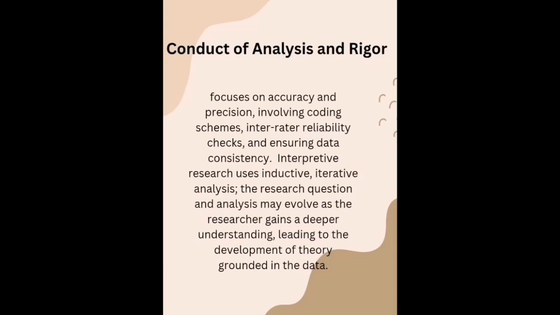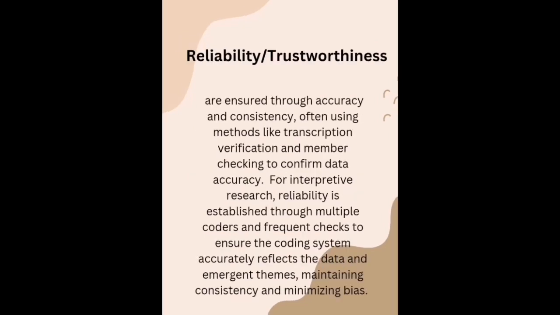It focuses on accuracy and precision, involving coding, inter-rater reliability checks, and ensuring data consistency. The next is the reliability and trustworthiness. It is ensured for accuracy and consistency, often using methods like transcription verification and member checking to confirm data accuracy.